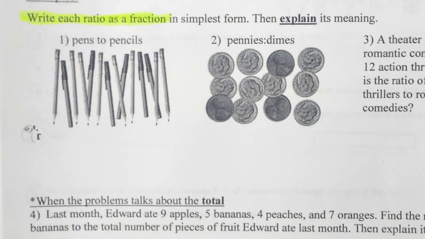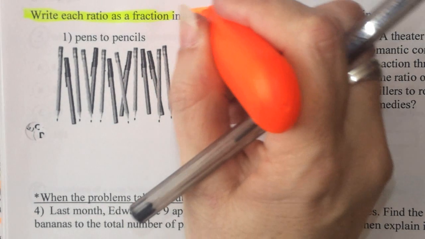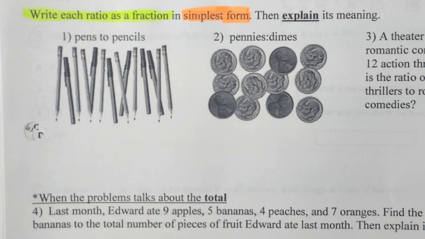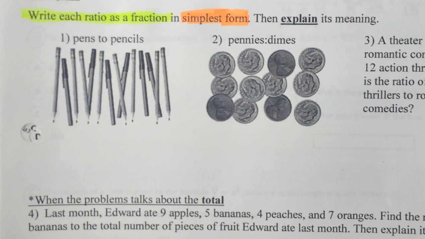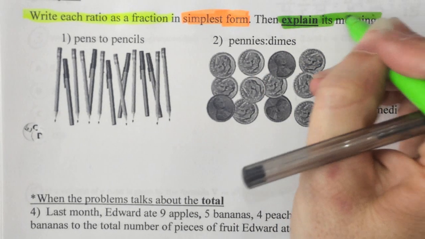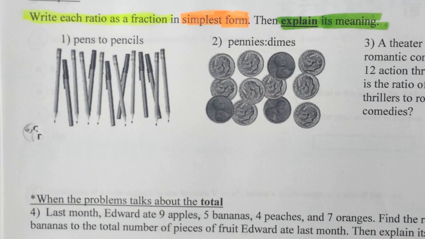The second thing we're going to do is write it in simplest form. So we're going to have to simplify the fraction. Then the last thing is we're going to have to explain its meaning. That's kind of the real wordy part. Okay? So, please look at number 1 here.